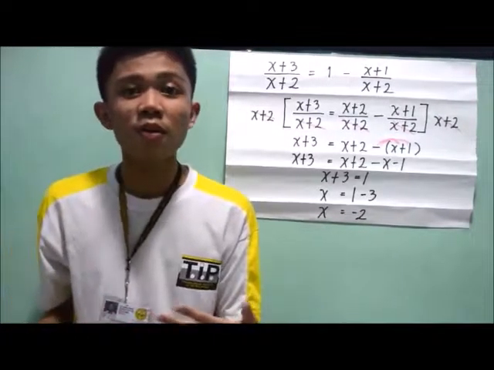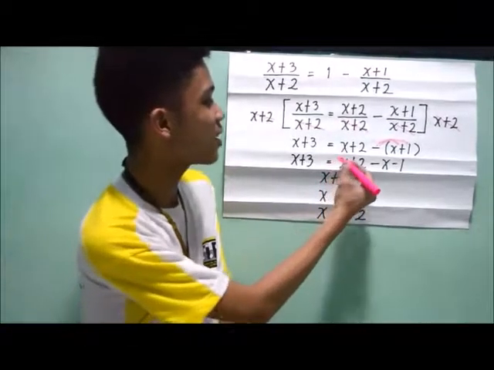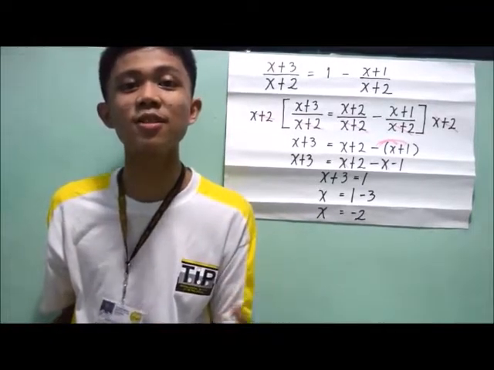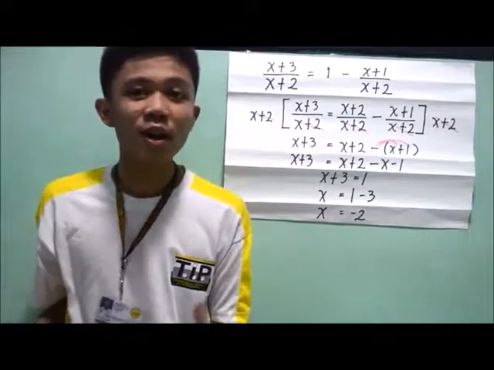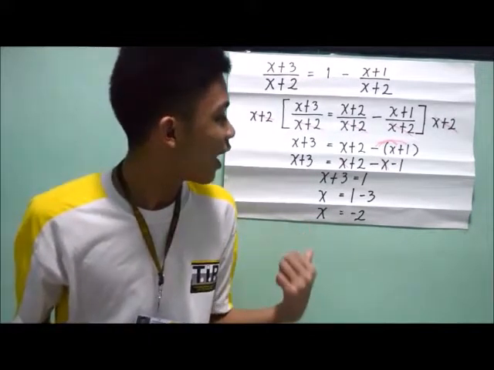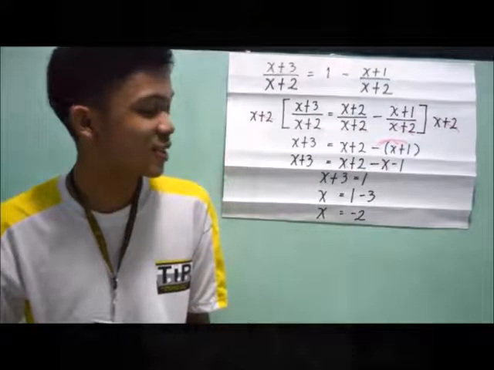So we can simplify it by cancelling the two x's because they have different signs, and we will arrive at x plus 3 is equal to 1. By using the addition property of equality, we can get x is equal to 1 minus 3, and lastly, our answer will be x is equal to negative 2.